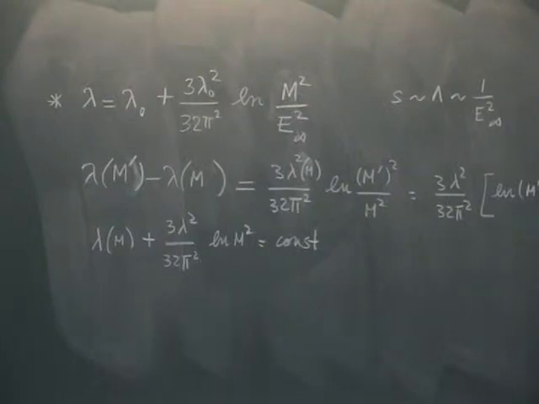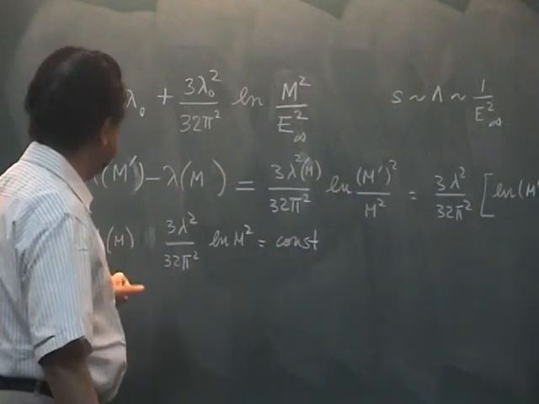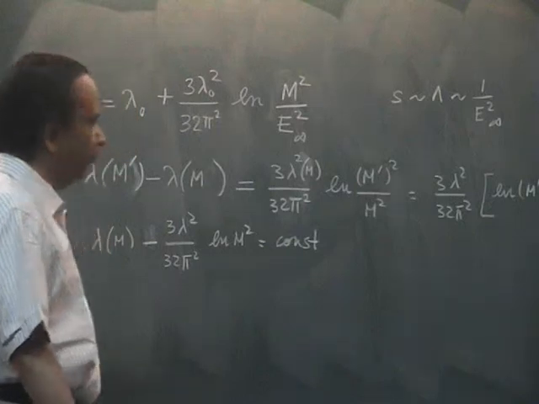Yeah, there is a sign issue. So when I move lambda m to that side, that comes with an opposite sign. This is good. Okay.